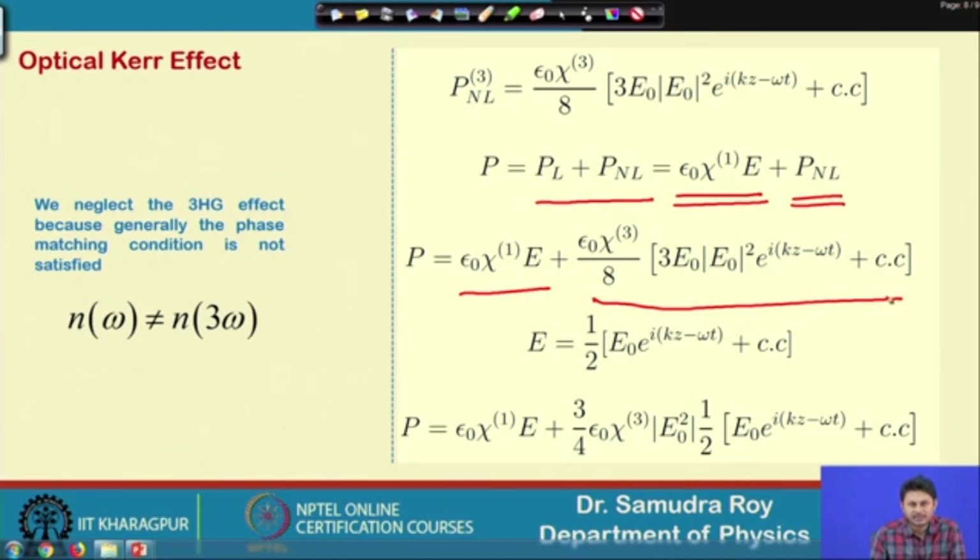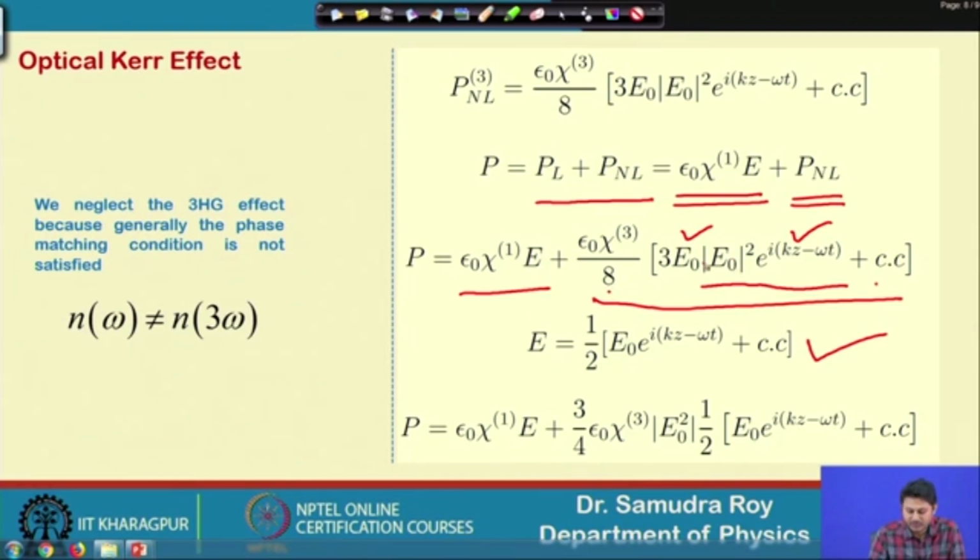Now, my total electric field here, or whatever electric field I launched, is simply E equal to half E 0 e to the power i (kz minus omega t) plus the complex conjugate to make it real. So, this is my total electric field. Now, if I look very carefully at this term, here we have E 0, here we have e to the power i (kz minus omega t), and here we have the one half term and the complex conjugate of these things.